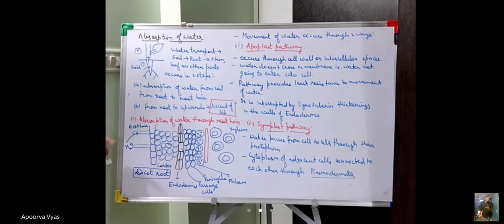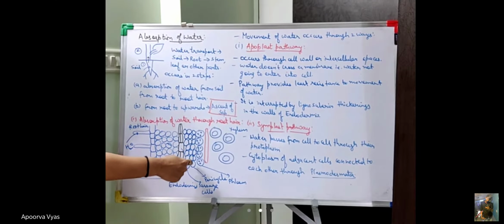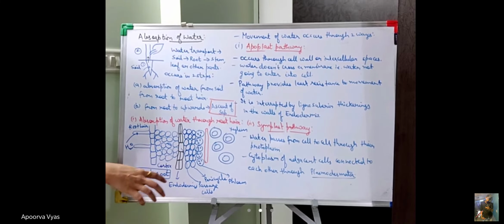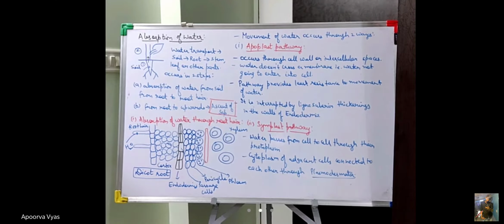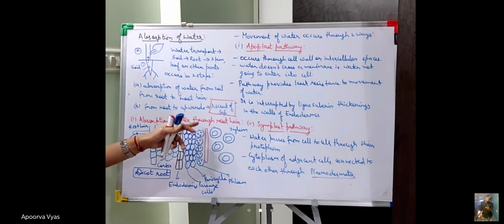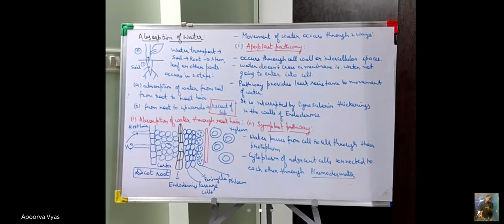Below the epidermis there are multiple layers of cortical cells. Then there is the endodermis, then the pericycle, and these are the vascular bundles. Firstly there is the phloem, and since it is a dicot root, cambium will be present. Inner to the cambium there will be the xylem vessels.